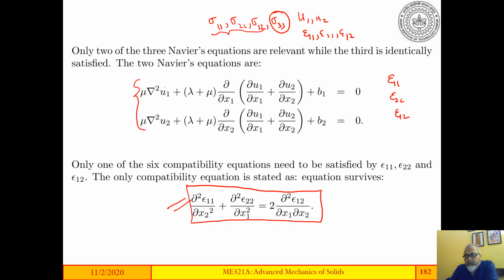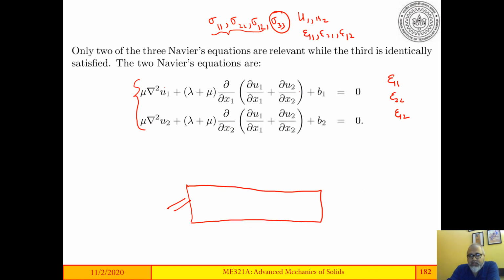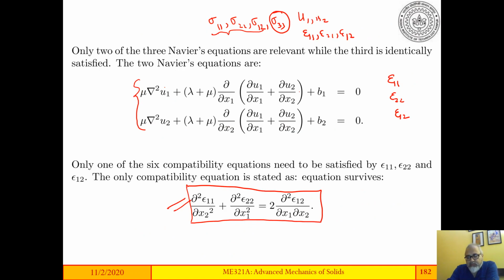Two equilibrium equations, three constitutive equations, and three strain displacement relations. There are four constitutive equations, you will say, but again this constitutive equation you don't need to really solve because the right hand side is a function of the other two. So you have basically three constitutive equations, 8 equations in 8 unknowns, which is theoretically at least possible to solve.